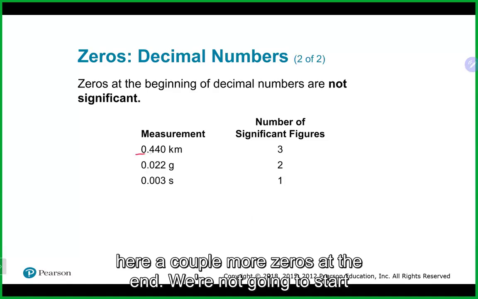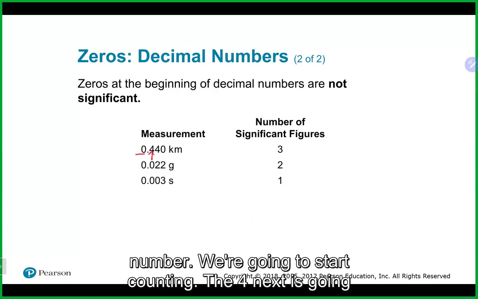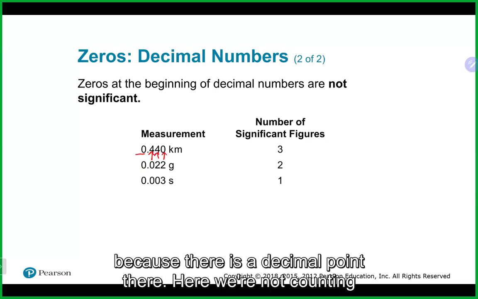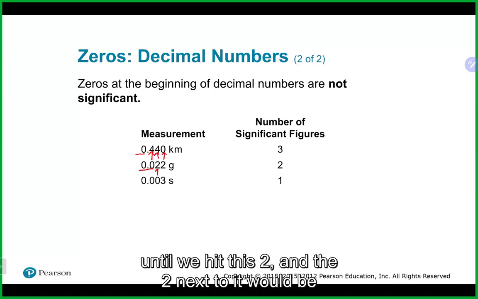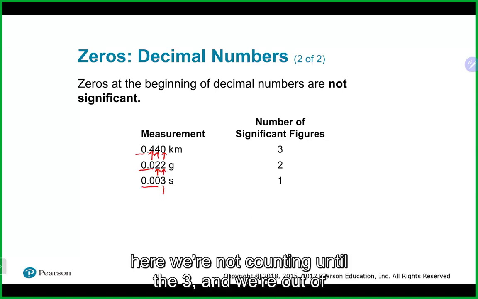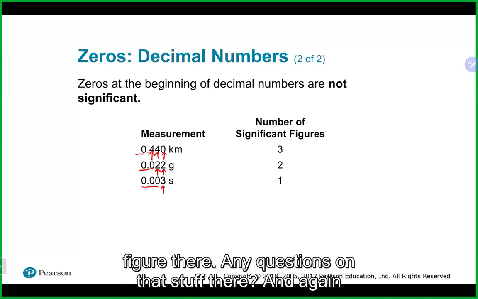We're not going to start counting here until we hit that 4. So that's the very first number we're going to start counting. The 4 next is going to be significant, and the 0 at the end will be significant because there is a decimal point there. Here, we're not counting until we hit this 2. And the 2 next to it would be significant, which would give us our 2 significant figures. And here we're not counting until the 3, and we're out of numbers at that point. So that would be our 1 significant figure there.